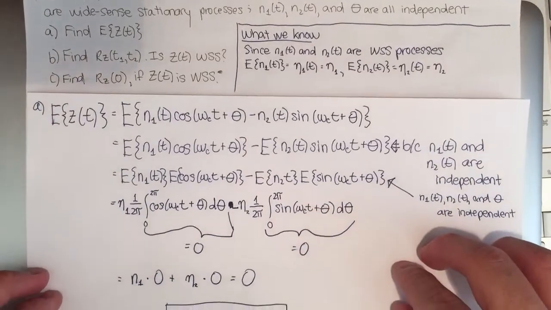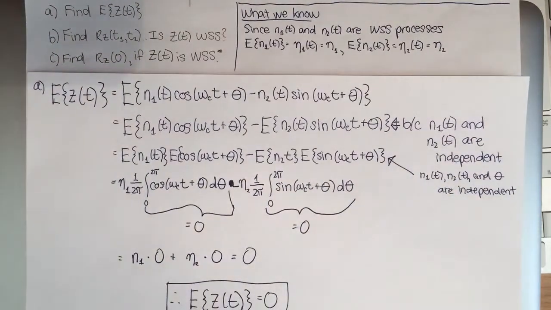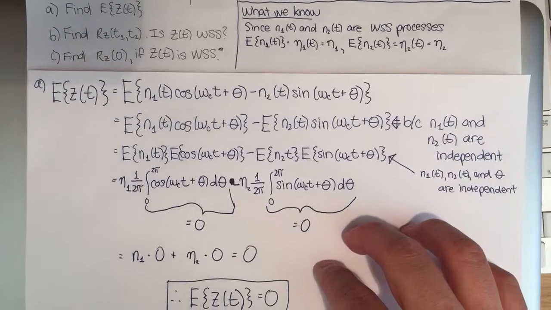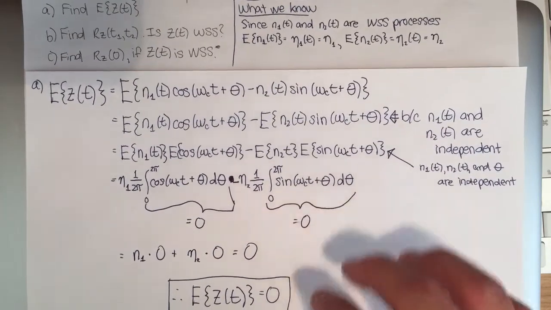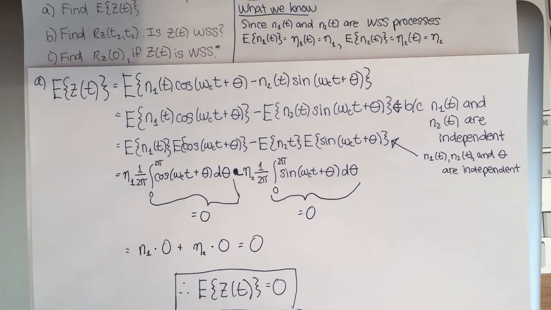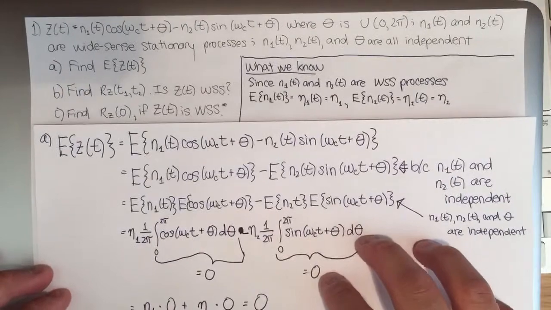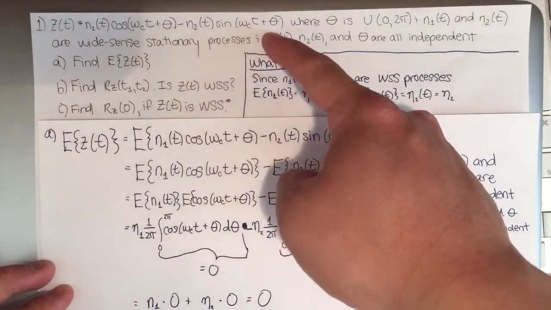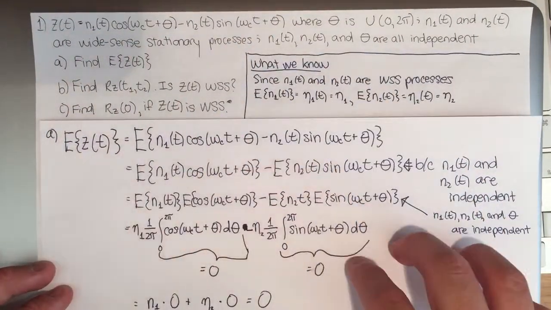Gonna move this up a little bit. So we're trying to find the expected value of z of t. How we investigated this was to put this entire function into the expected value.